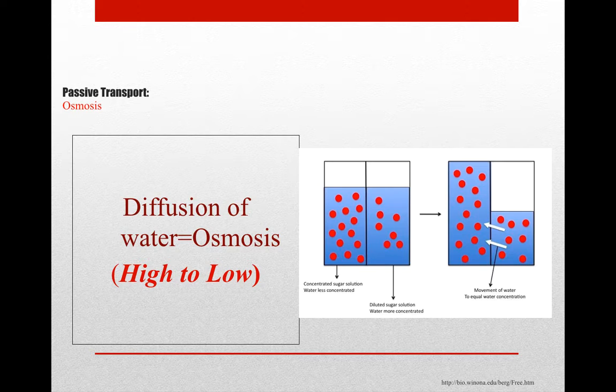So if you look at the image right here, you will see on this first thing here, the left-hand side, that has a high concentration, meaning it has a lot of solute. In this case, that solute is sugar. And on the right side of that, this has a low concentration.